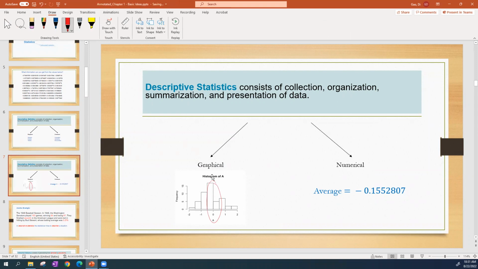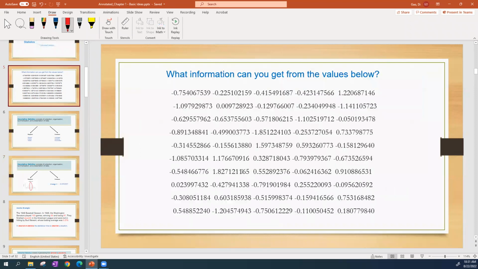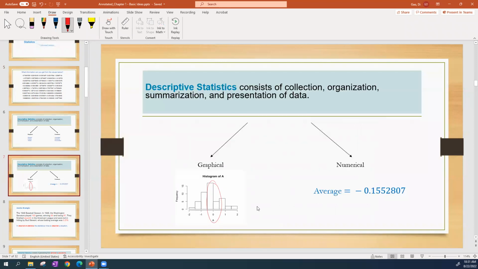That means more counts around 0. And then as the numbers go away from 0, we have less and less counts. This histogram, which we will learn in chapter 2, tells us that we have a lot of numbers that are all around or stay close to 0.